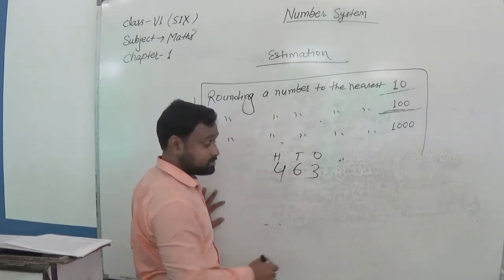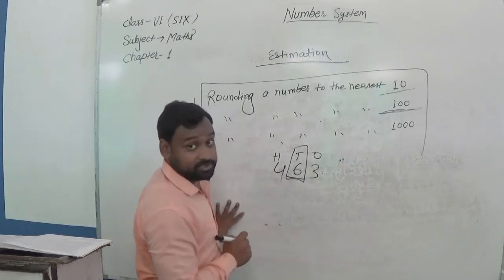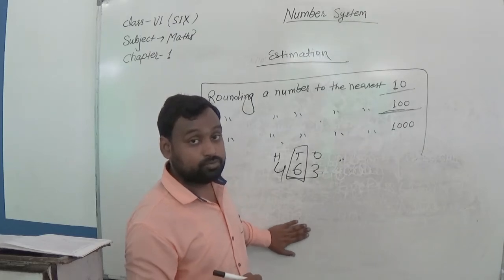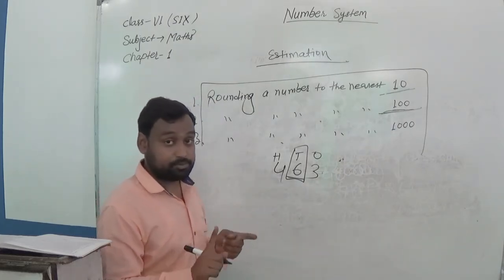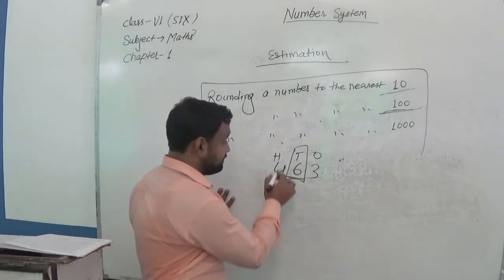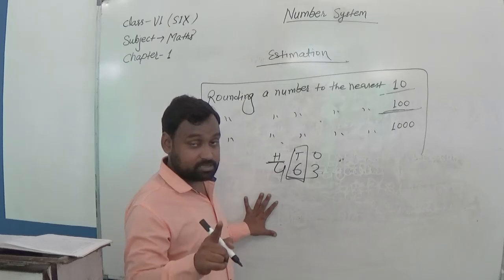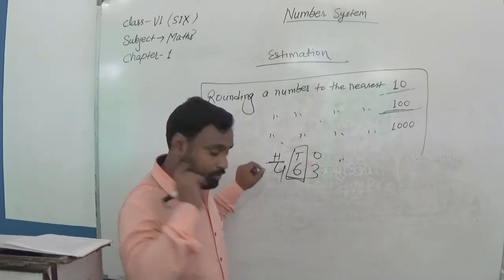Where do we have to focus? We have to focus on the tens digit. When this digit is 5 or greater, we have to increase the digit at the place of hundreds by 1.